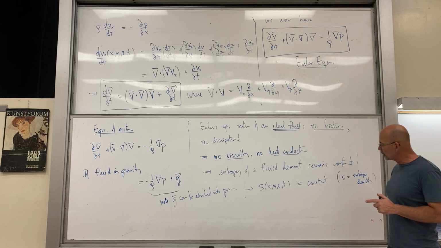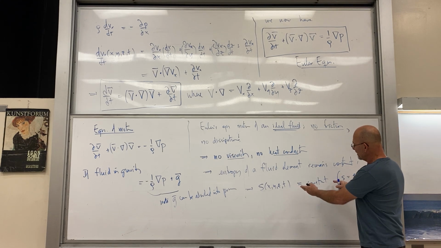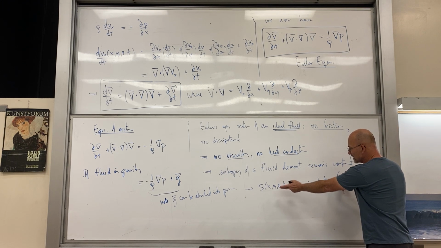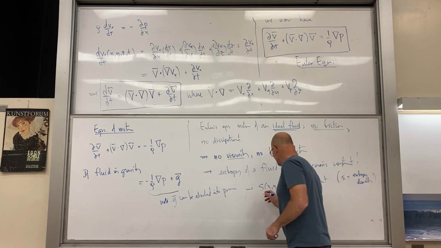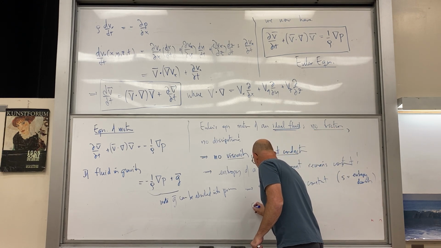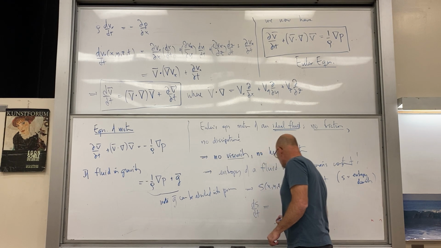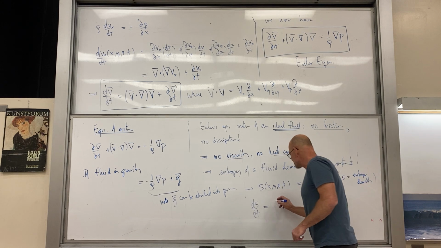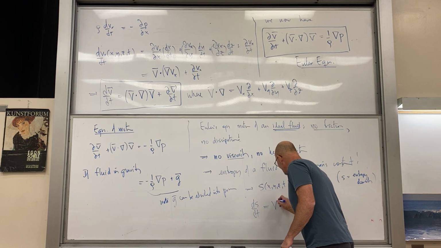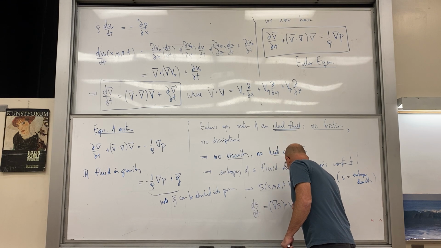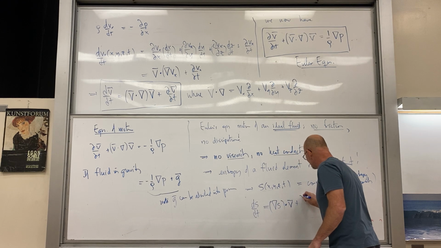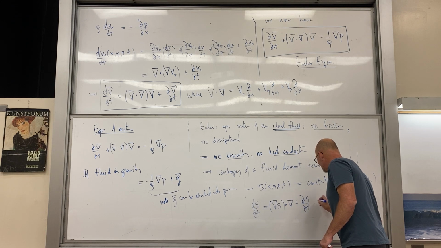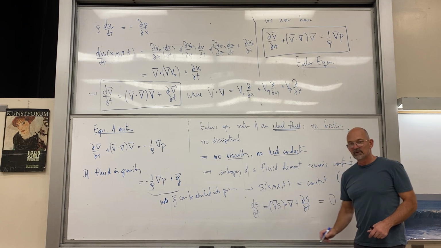We're not going to actually use these, but we will take this equation and take the complete time derivative of it, which is supposed to be 0, right? And then do another chain rule operation on this, and we get gradient S dotted into V plus dS/dt is equal to 0.